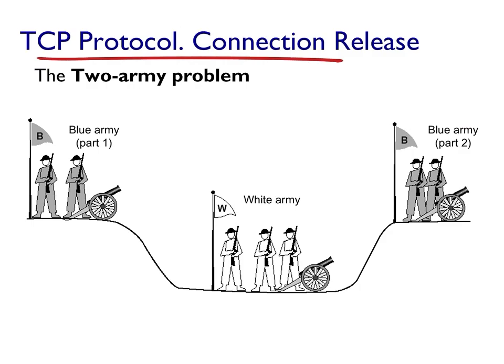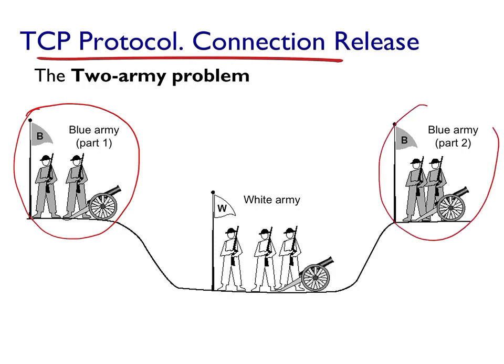Imagine that there is a war and a couple of armies. The blue army is divided on top of two hills, with only a couple of soldiers on each side of the mountain. And then in the valley there is a white army that is bigger in number.